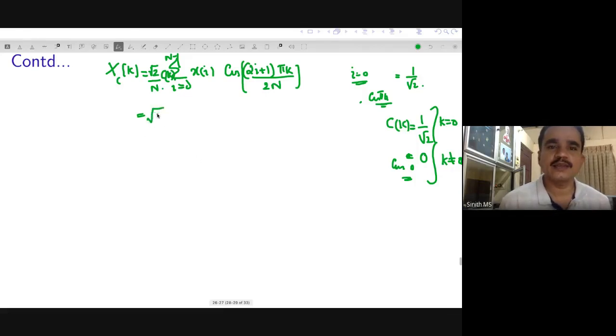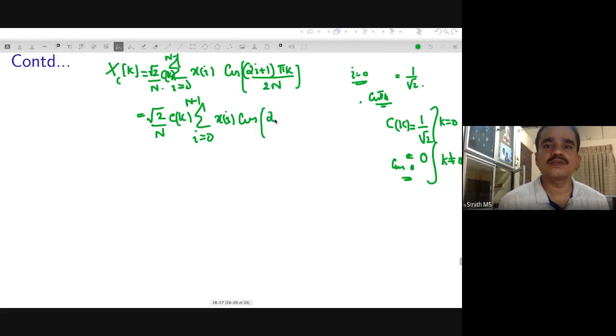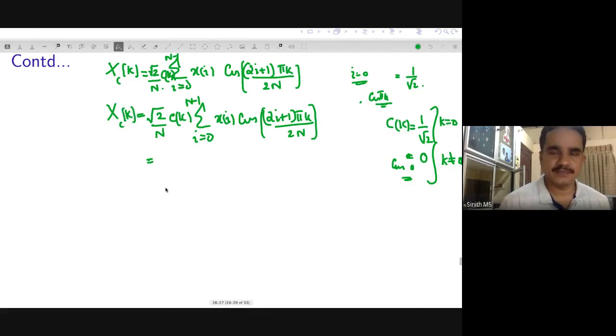The actual equation is root 2 by n c k sigma i equal to 0 to n minus 1 x i cos((2i plus 1) pi k by 2n). This is x c k, the discrete cosine transform coefficients.